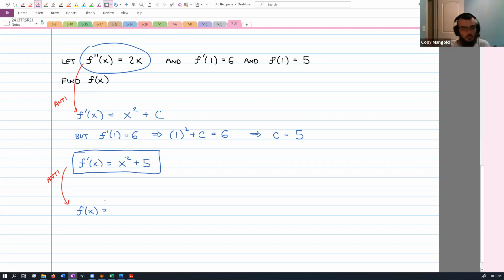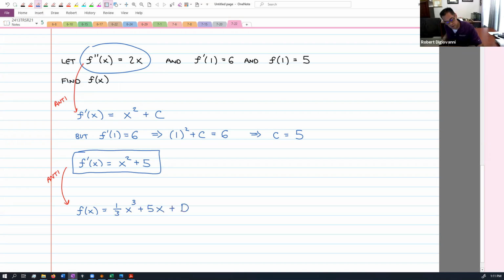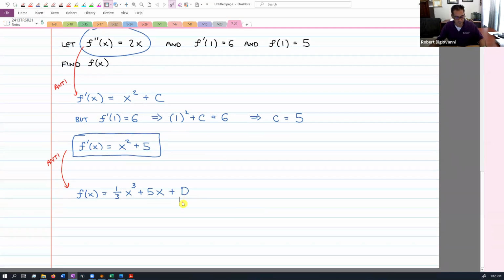Antiderivative, that's going to be 1/3 of x cubed plus 5x plus C, but let's use D so we don't confuse it with the C we had earlier. Plus capital D. So that's a D, everyone, not a 0.